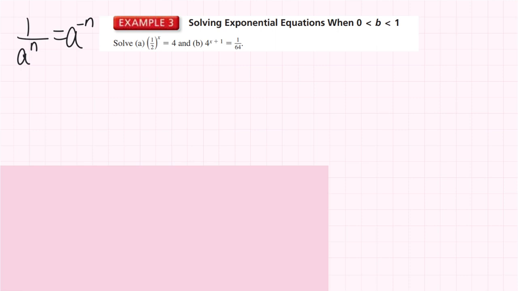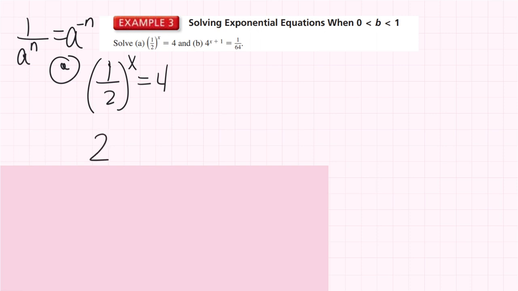So in A, we have one half to the power of x equals 4. The first thing you should do is flip this half into a negative exponent. So we're going to have 2 to the power of negative 1, to the power of x, correct? The power of a power property, remember.